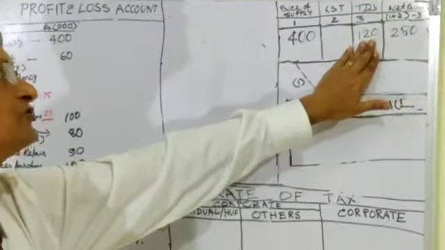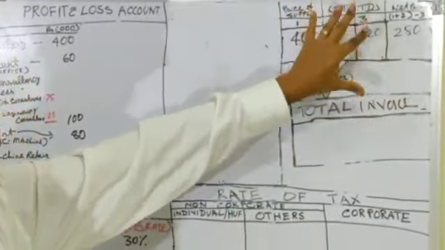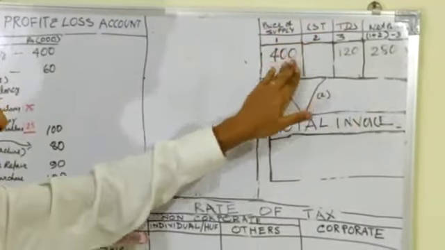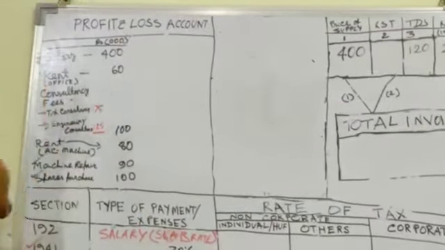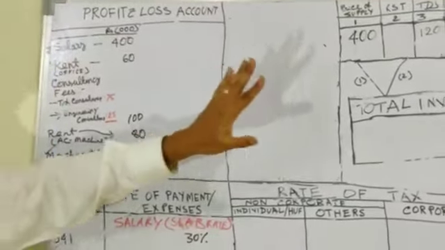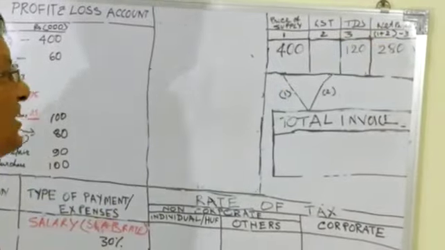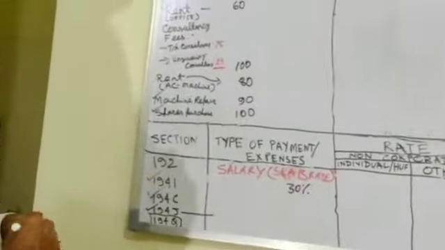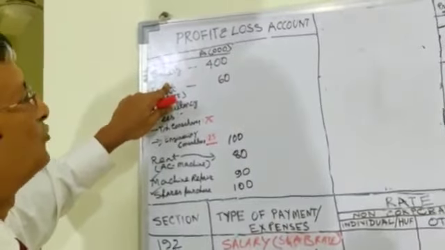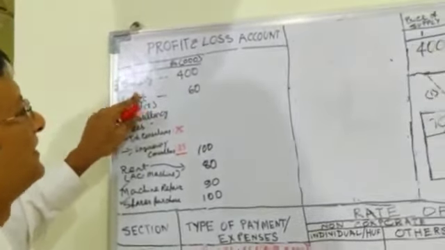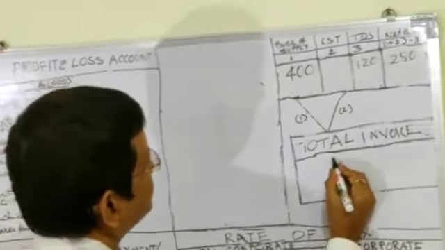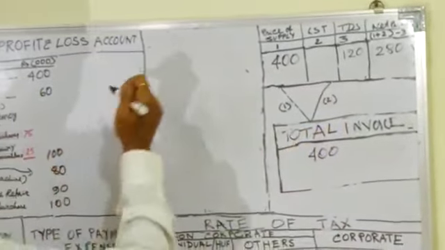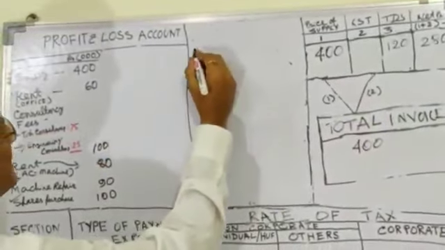How we will deposit and what will be the return, we will discuss when we go into the TDS compliance aspects. For the time being, we are interested to know how I will capture this transaction in our books of accounts. In my books, my salary expense is 400, so my salary account will be debited.